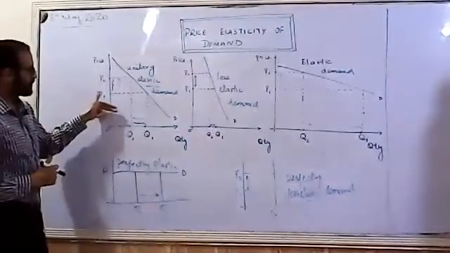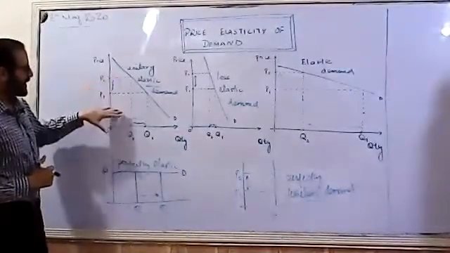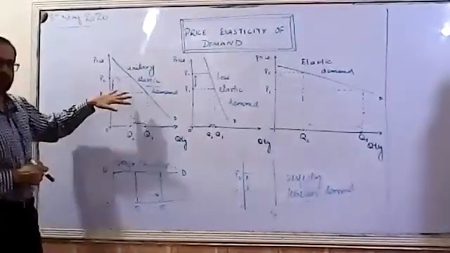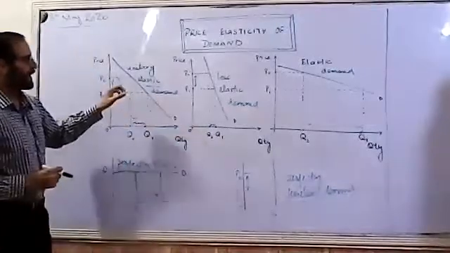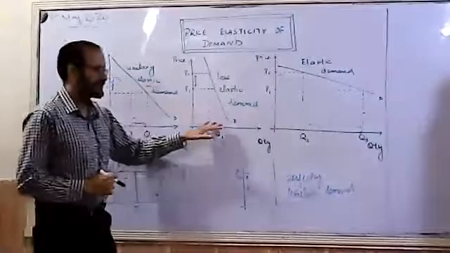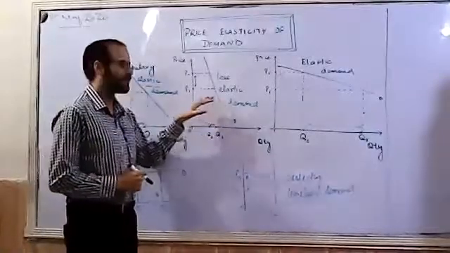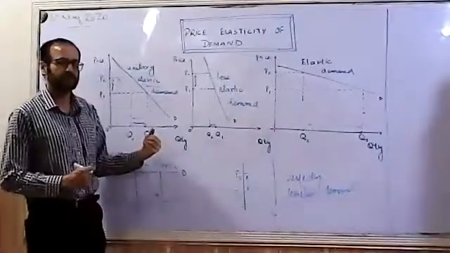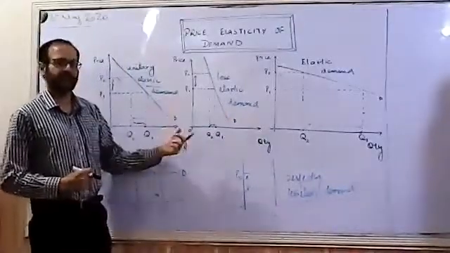If the answer is coming equal to 1, then it has to be unitary. But what about this diagram? What value do we get for this? Is it greater than 1 or less than 1? Then we have to calculate that as well.